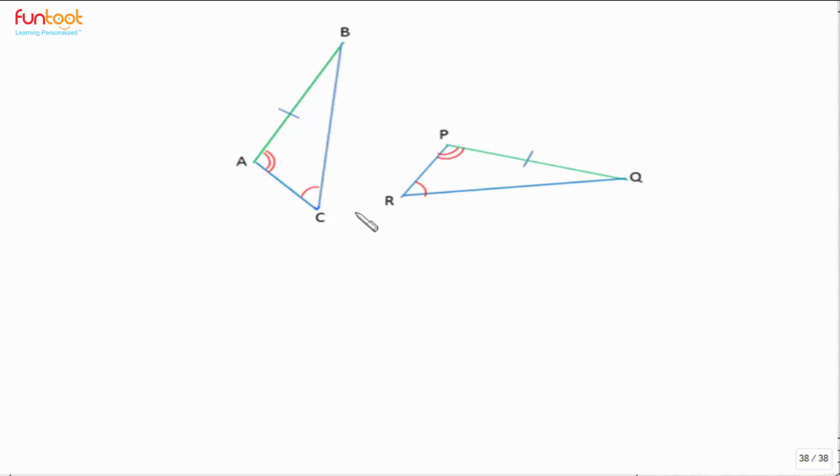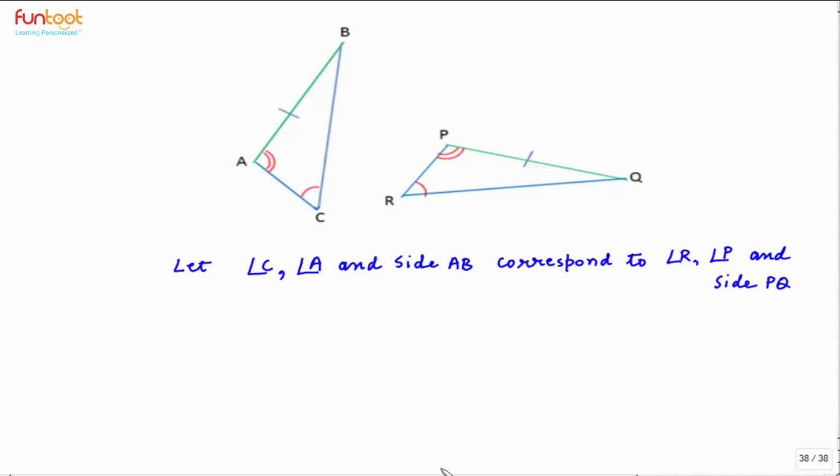Let's try to understand how we use AAS rule of congruency to verify if the two given triangles are congruent or not. Let's focus on forming a correspondence relationship between the given two triangles here. Let angle C, angle A and side AB of triangle ABC correspond to angle R, angle P and side PQ of triangle PQR.